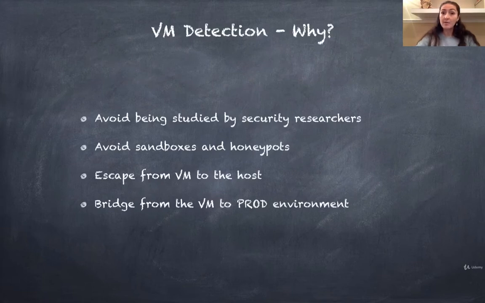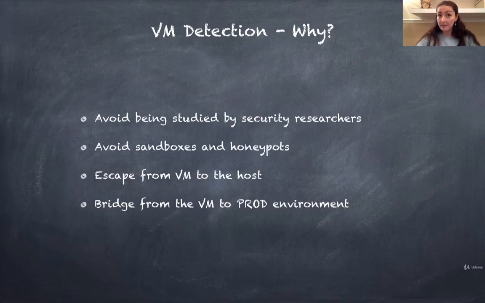There are a number of reasons why a malware author might want to detect when his sample is running in a virtual environment. We have discussed the benefits of using virtual machines in the previous lecture.